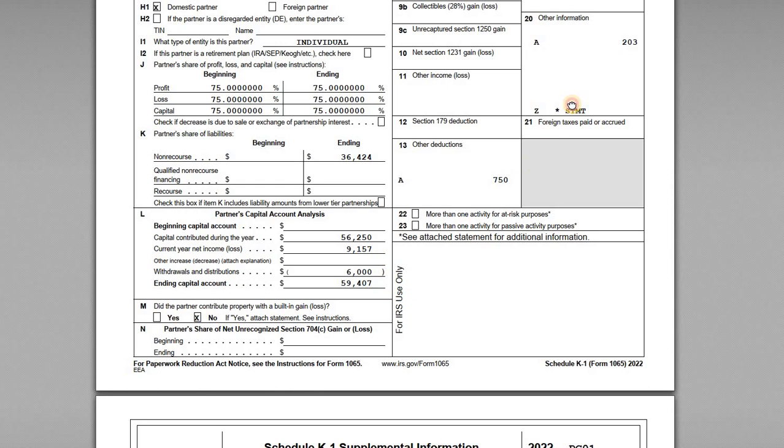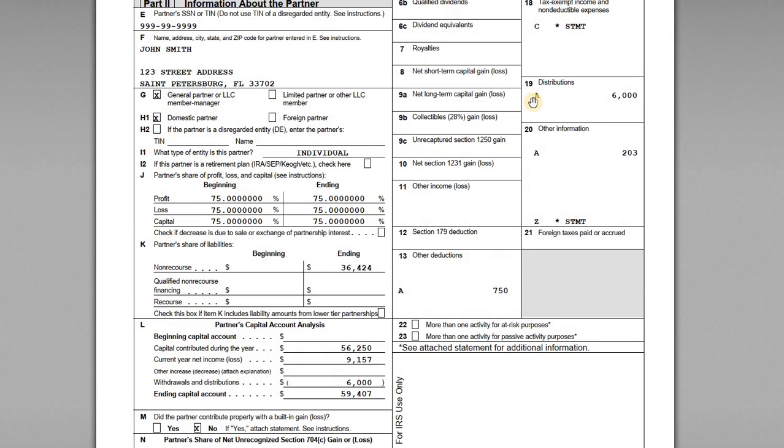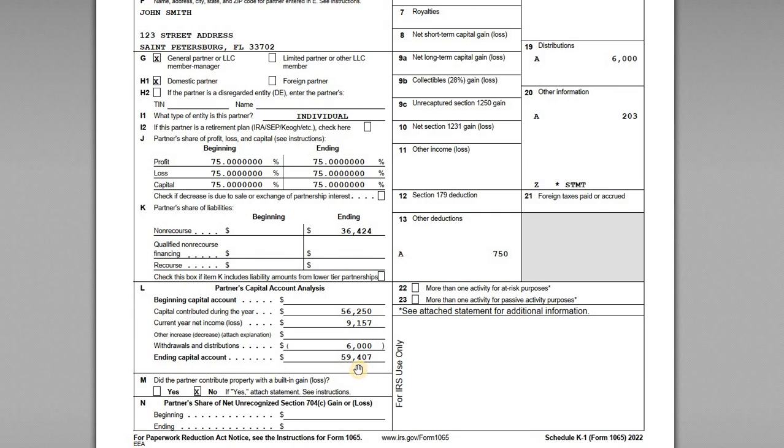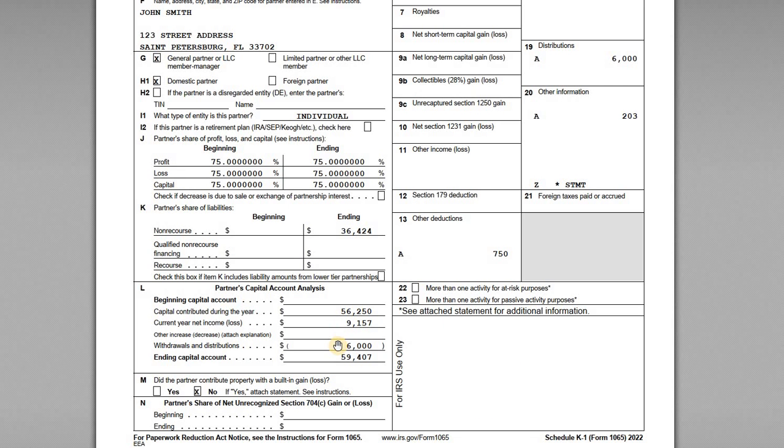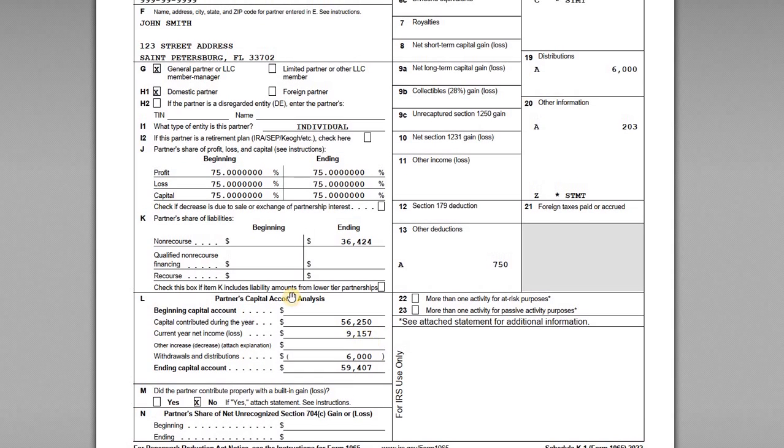That $6,000 is also reported up here on line 19A. So in line 19A, here's a distribution figure. And then his ending capital account is $59,407. So this agrees with the partner capital roll forward, right? So our roll forward here is trying to kind of recreate what ultimately we're going to see on the K1s. So John's reconciliation down here looks pretty good.